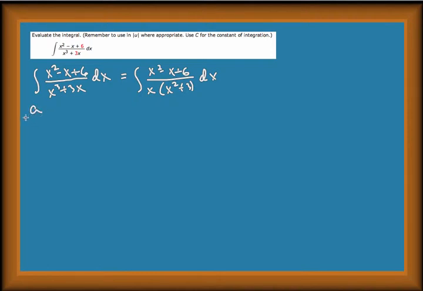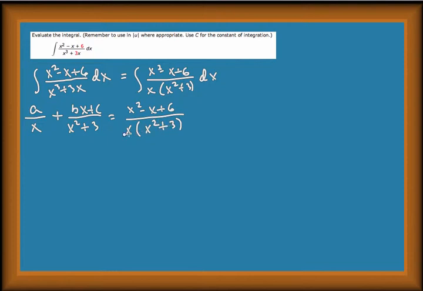So we're going to say, all right, we have a constant A over our linear factor x, and then we have a linear numerator over our quadratic factor x squared plus 3, and that is going to equal this whole rational expression here.